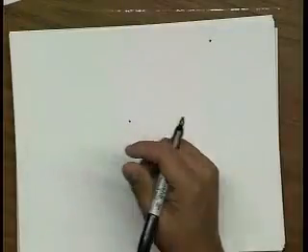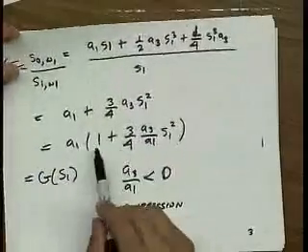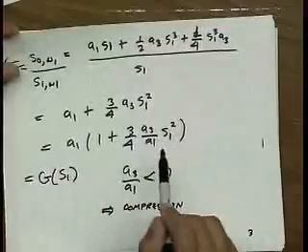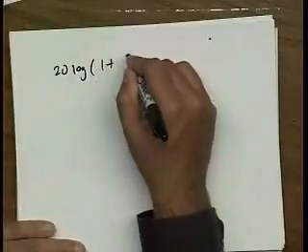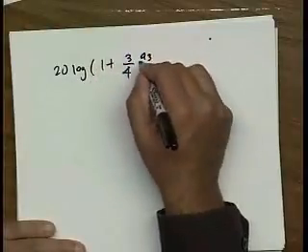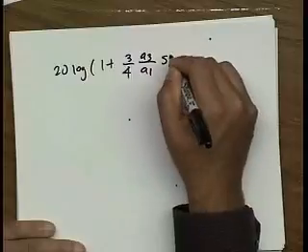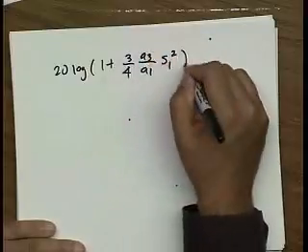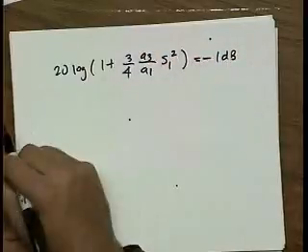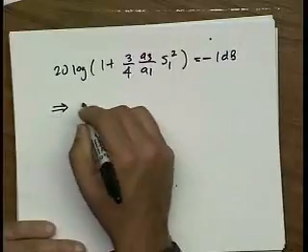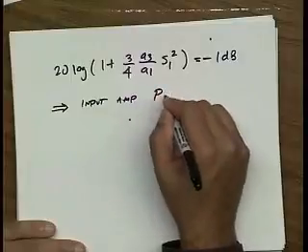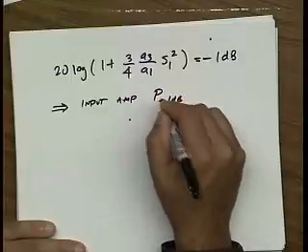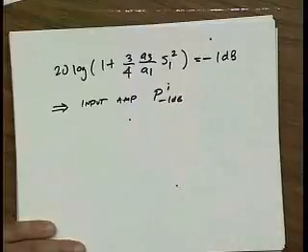Okay, so what we can do now is find when this gain reduces by 1 dB. So when 20 log of 1 plus 3/4 A3 over A1 S squared is equal to minus 1 dB, that corresponds to the input amplitude, which we called P input minus 1 dB.